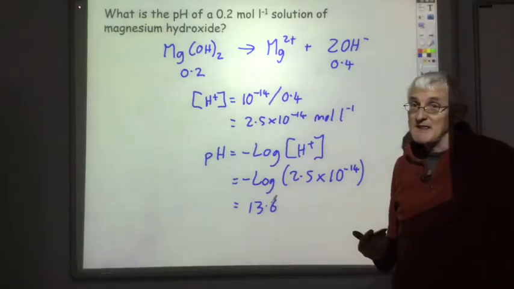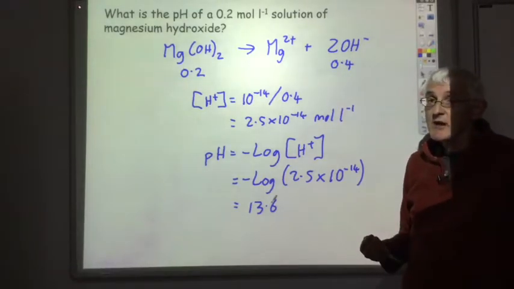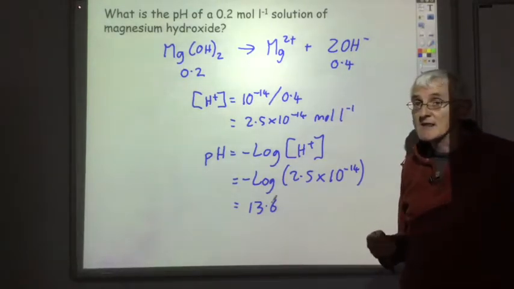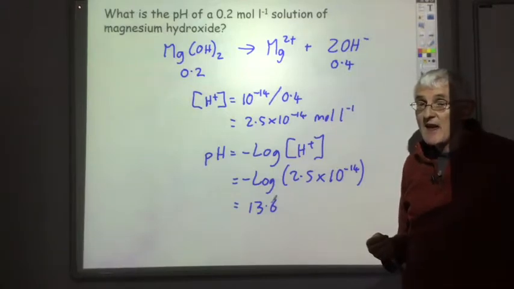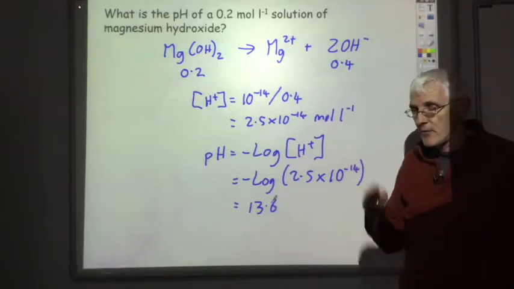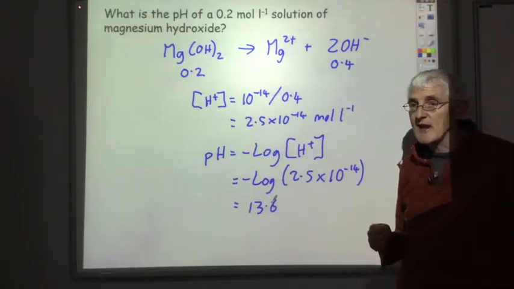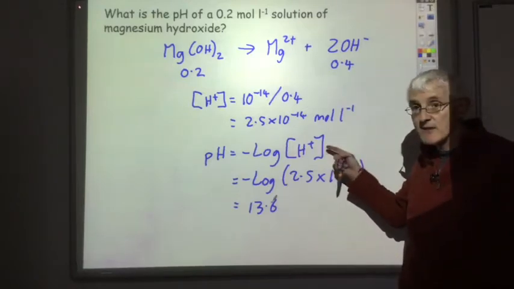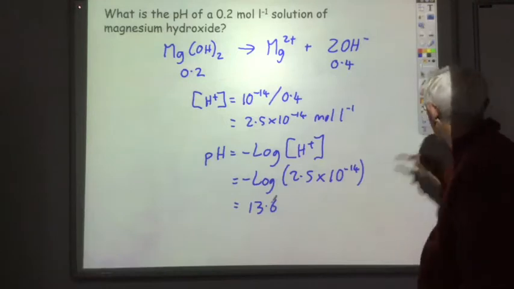Okay, so that's basically all there is to working out the pH of strong acids and strong alkalis. You just need to make sure what the hydrogen ion concentration is, and then stick it into this formula which is in your data booklet.